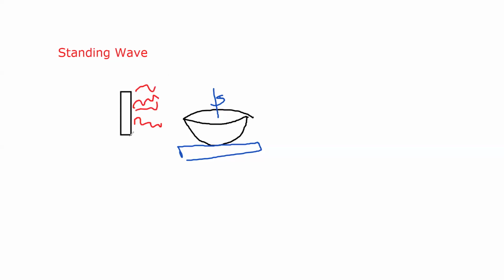Say this is a bowl which is having food, and why is there a table which continuously rotates or turns in a microwave? So the main reason is that, for example, this is a source of microwaves. So microwaves are traveling in all the directions.